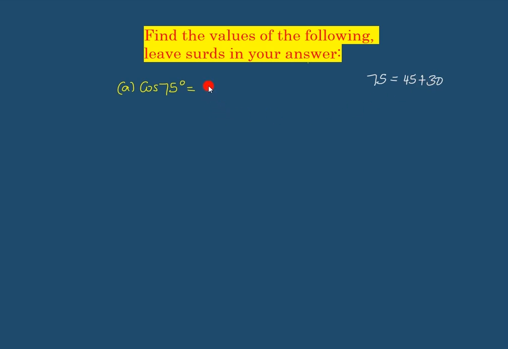So we have the cosine of 45 degrees plus 30 degrees. By the compound angle formula, we shall have the cosine of 45 degrees times the cosine of 30 degrees minus sine of 45 degrees times the sine of 30 degrees.